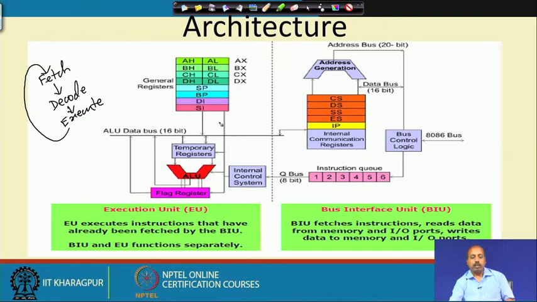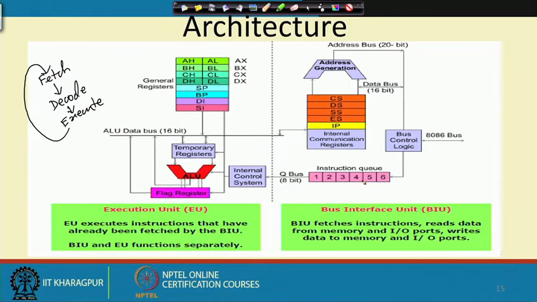Whenever we are doing some operation in this part, this bus is free. At that time the bus interface unit fetches subsequent instructions from the memory, and once the instructions have arrived, they are kept in this queue. This is a 6-byte queue. Subsequent bytes are fetched from the memory and kept in this queue.